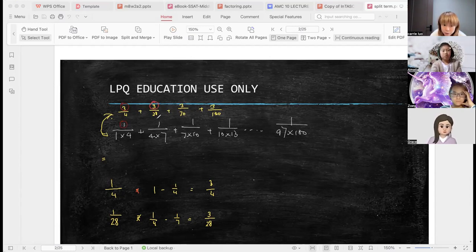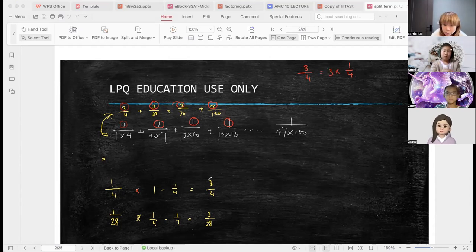Can you see, this is so obvious. This is 3, this is 1, this is 3, this is 1. Get it, everybody? This is very obvious. Now, can you tell me what the difference is between 3 over 4 and 1 over 4? 1 over 4 times 3 equals 3 over 4, correct?